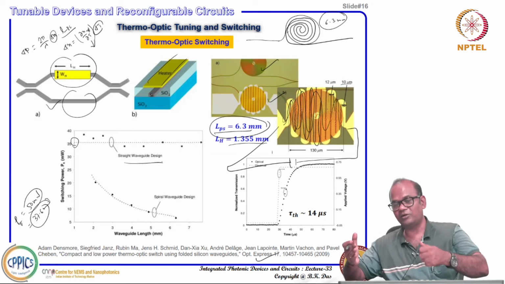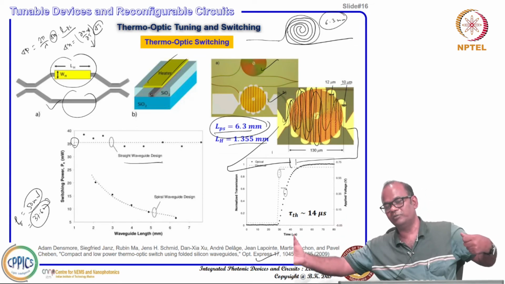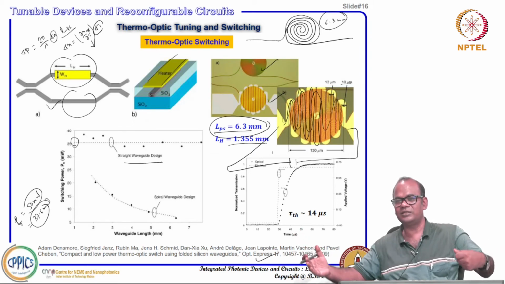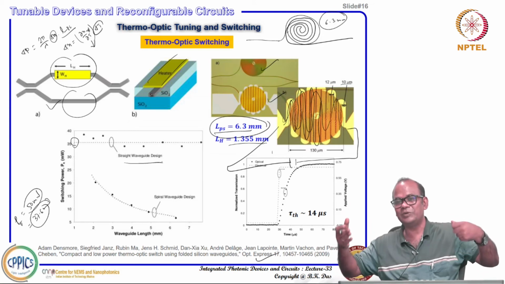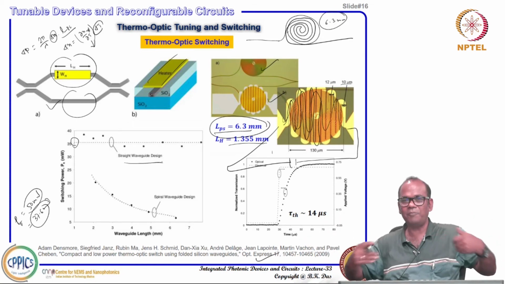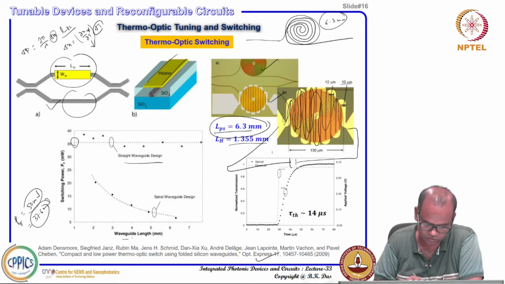So, whether you use a shorter or longer heater or phase shifter, the power requirement is the same. Only how much temperature rise you get differs. The longer the phase shifter length, the lower the temperature rise, but the total power consumption needed is almost equal, 35 milliwatt. That is what is shown, versus waveguide length, meaning the phase shifter length.